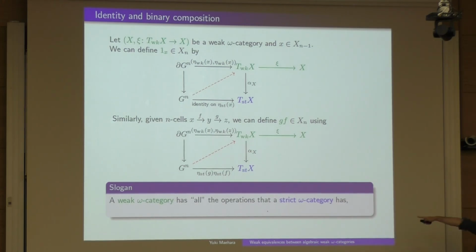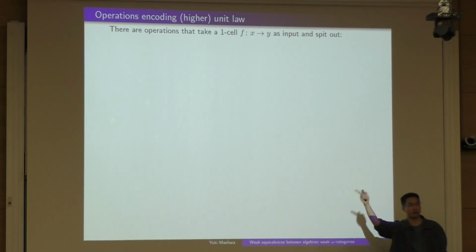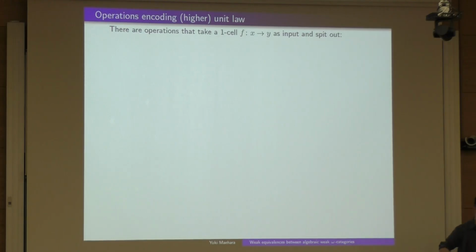And when I say all the operations, this includes what you usually think of as relations. So let me show you an example. So let's consider the unit law. I just showed you how to construct the identity and binary composition. So you can combine these things and talk about the operation that takes, say, a one cell f in your weak omega category and outputs this composite of the identity and f.